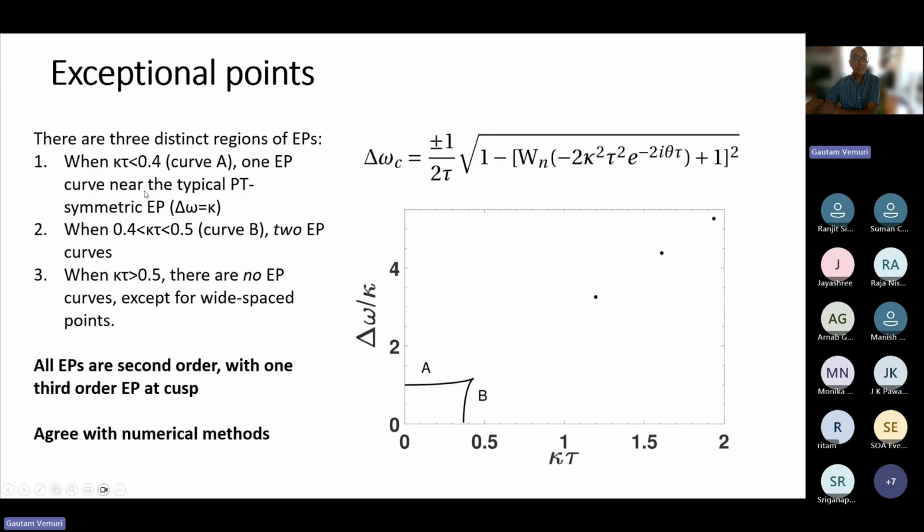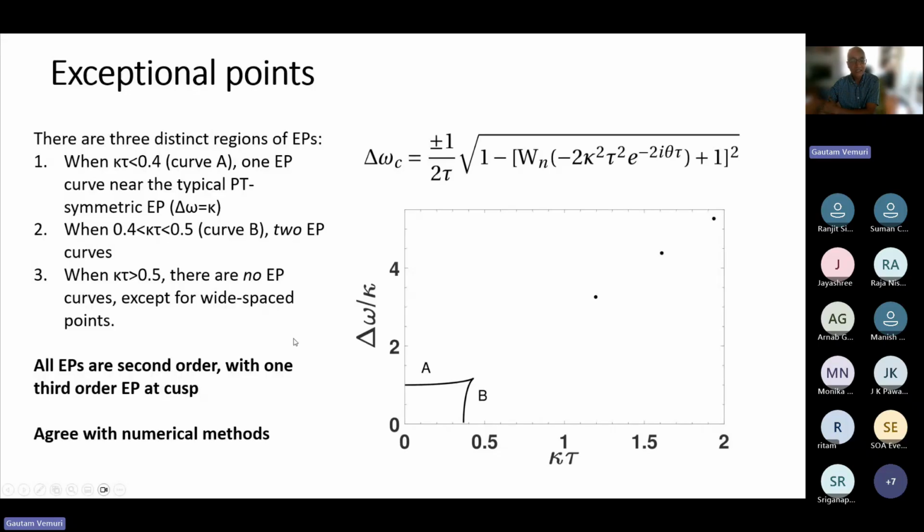So there are these sort of 3 distinct regions. When this kappa tau is less than 0.4, you have all these. So you see this little bit of space here. There are multiple exceptional points. And when this kappa tau exceeds 0.5, there are these isolated islands of exceptional points.